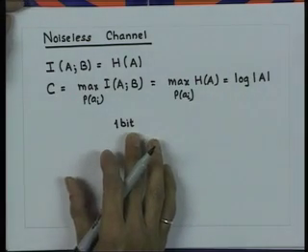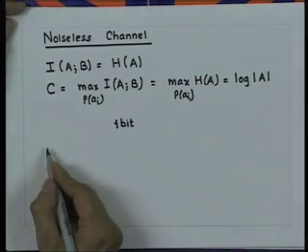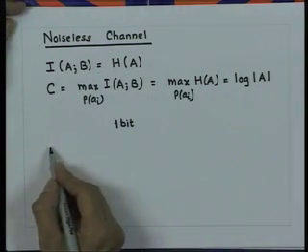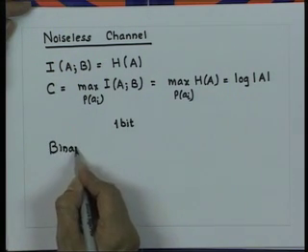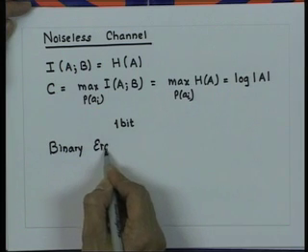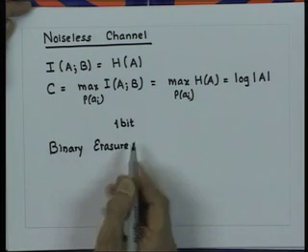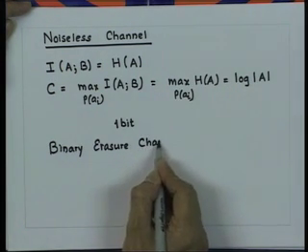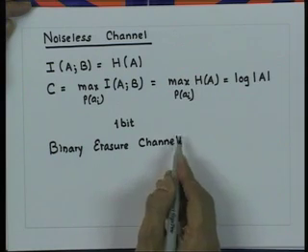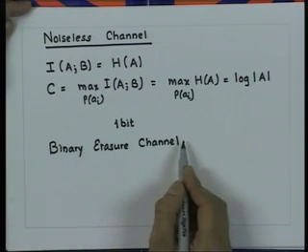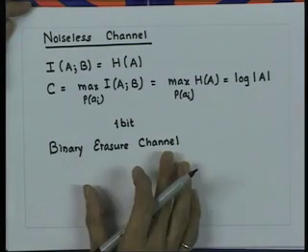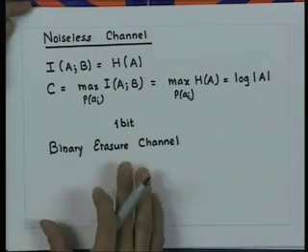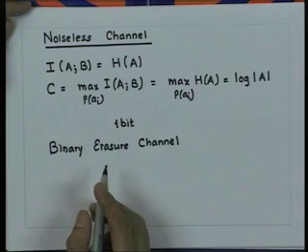Another important channel of practical use is the binary erasure channel. This is the analog of the binary symmetric channel, in which some bits are lost rather than corrupted.